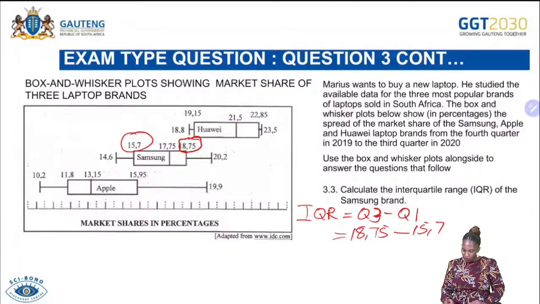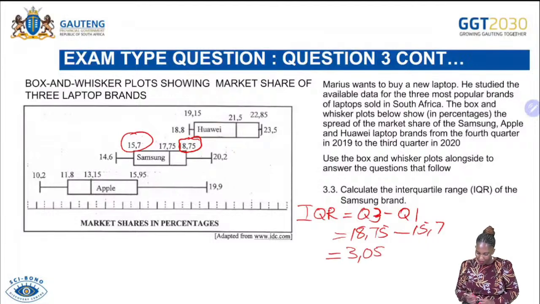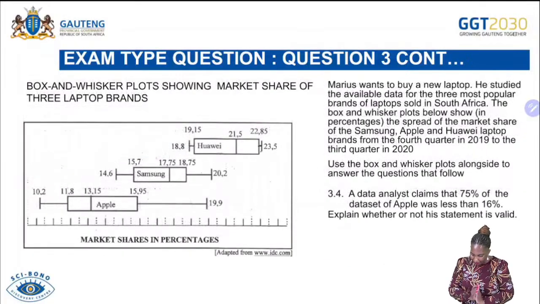Now we say 18.75 minus 15.7. My answer is now what? 3.05.